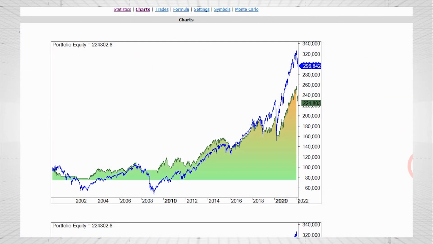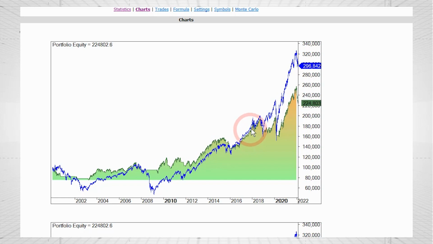Incidentally, here is the equity curve. The green line is buying and selling the 200-day cross for the S&P 500. You start at 100,000 and you're basically flat until 2009, 2010. You have a little bit of a gain, but then flatten out.